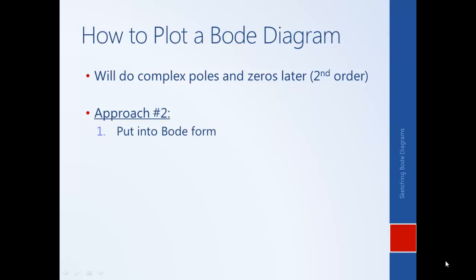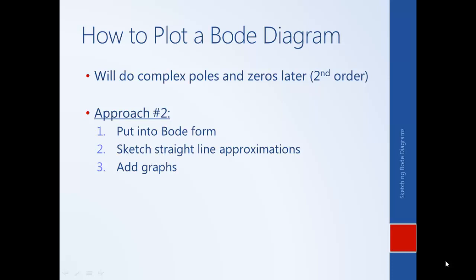And so this approach is, first, we put the system into Bode form. That is, put it into a form Ts plus 1. We then sketch the straight line approximations of the individual components, the gains, the differentiators, the poles. Step 3, we then add the graphs, both for the magnitude plots and the phase plots, based on those mathematical properties we introduced previously.